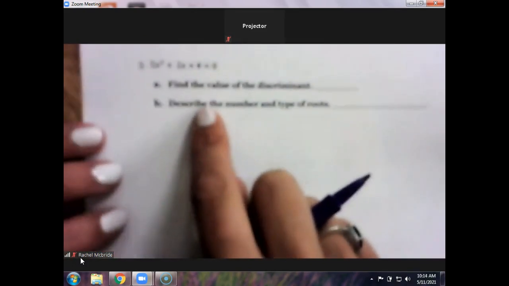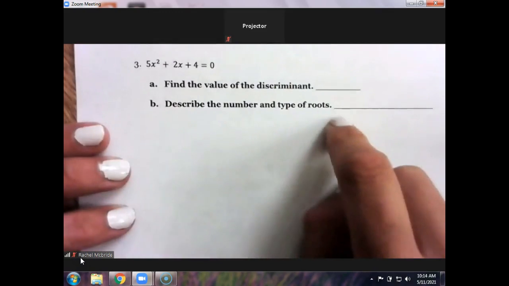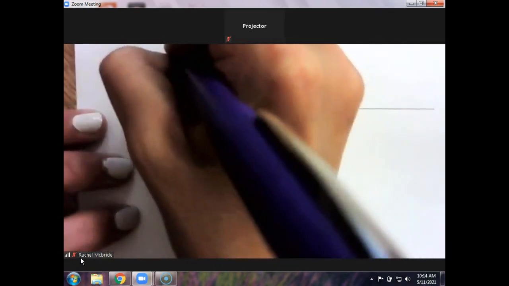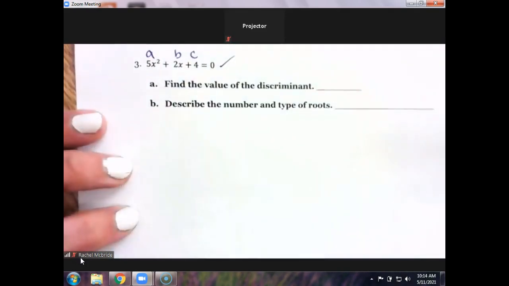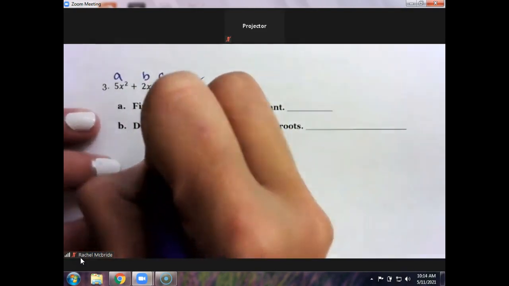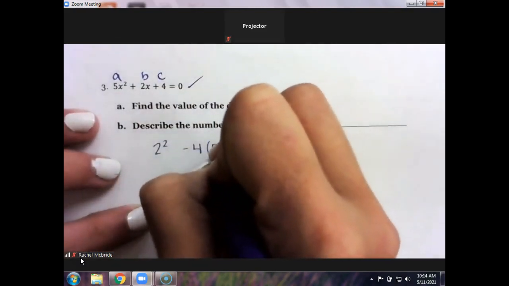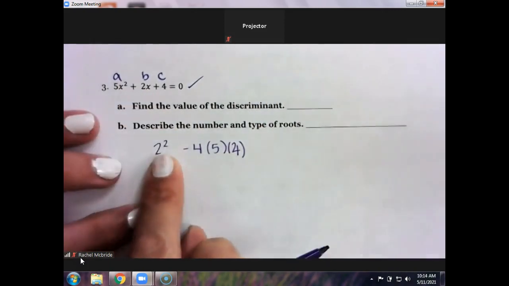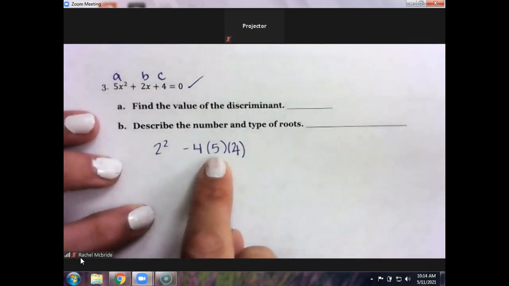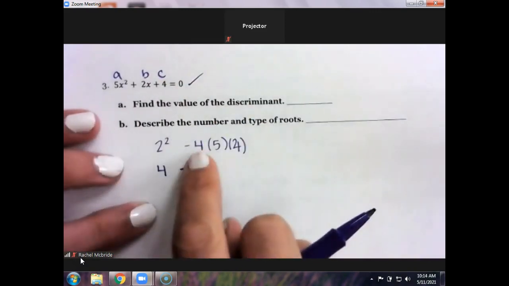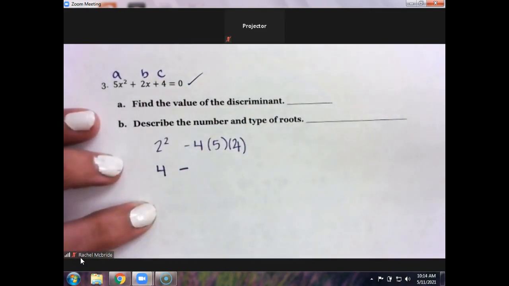Okay, and then on the back, the last one, find the discriminant and describe the roots. So again, we have a, b, and c. It's set equal to 0. So we have b squared minus 4ac. 4 times 5 is 20. 20 times 4 is 80.